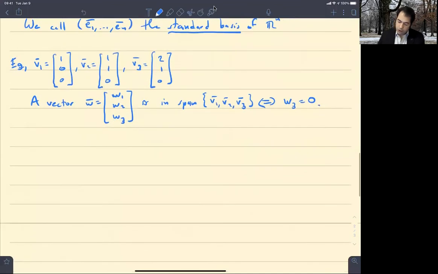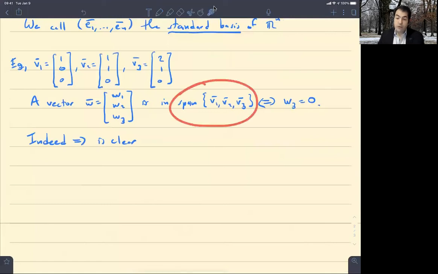Okay, so it's an if and only if, so to prove it, we have to prove both directions. So one direction is clear. If the vector is in the span of these three vectors, then the third coordinate has to be 0. And that's clear because if you're in the span of these three vectors, that means that you're obtained from v1, v2, v3 by picking three constants, multiplying these vectors by those constants, and then adding them together.